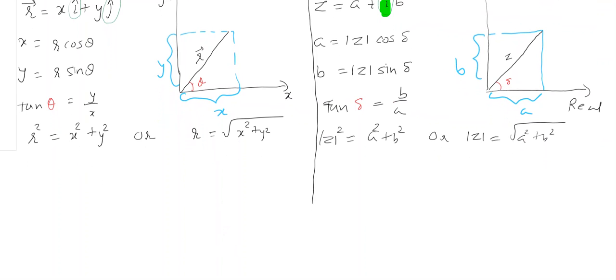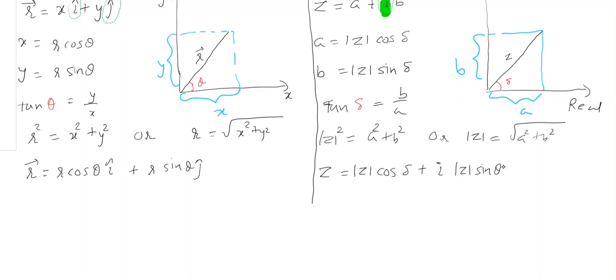You can write vector r as r cos theta i cap plus r sin theta j cap. So z can be written as mod z cos delta plus I mod z sin delta.